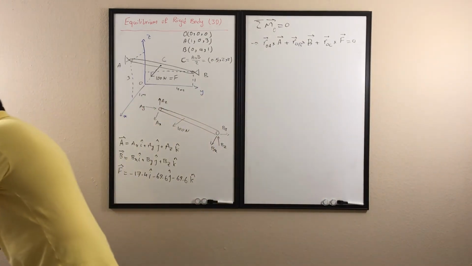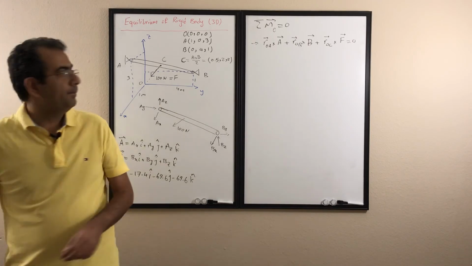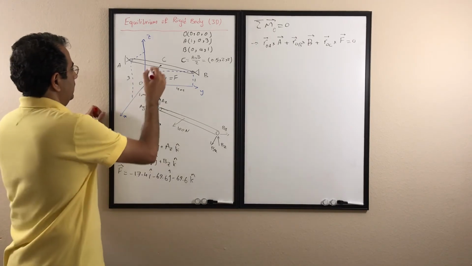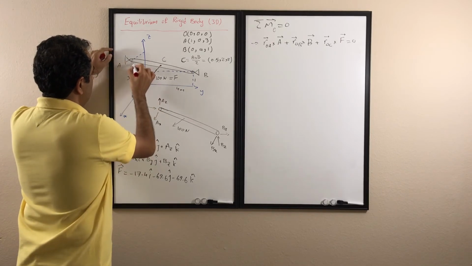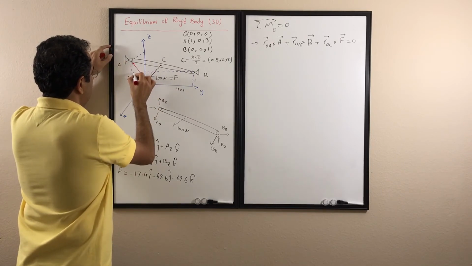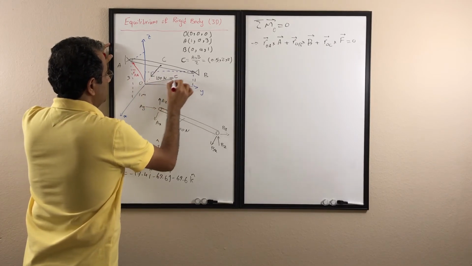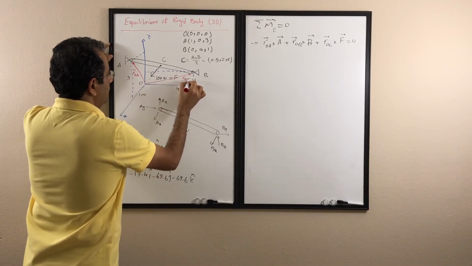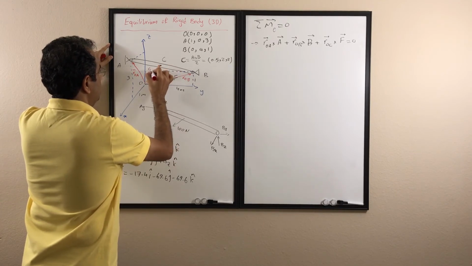So for the forces I have one force at point A, so this is ROA, then forces at B, so it's ROB, and then forces at C, it's ROC.